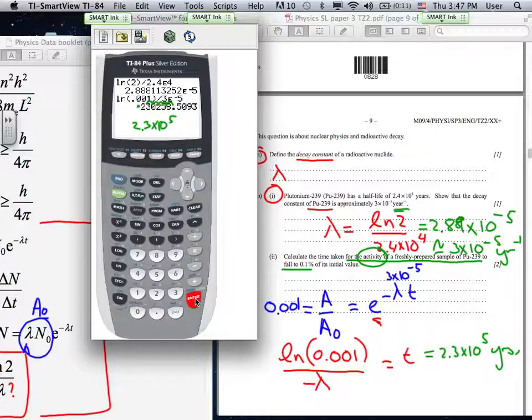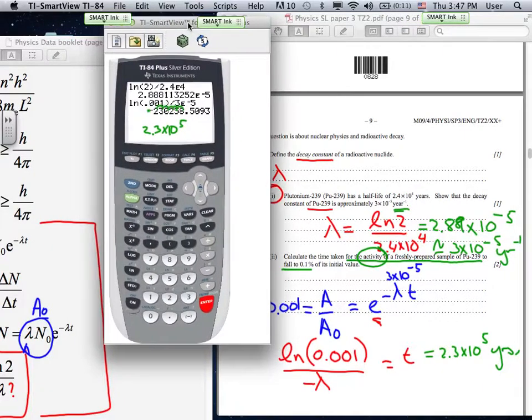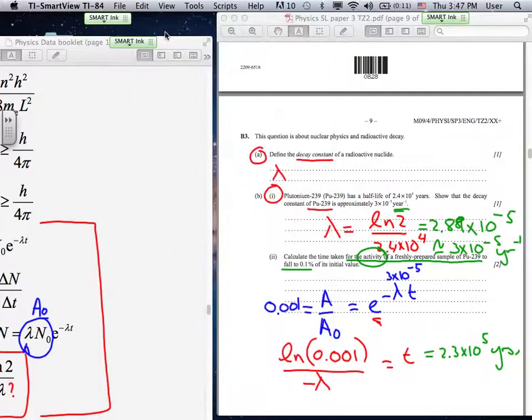Now you could have actually done this another way without using your formulas, and to do that you could have just calculated, because it's going to 0.1%. So if we start off at 100%, and we go to 50, that would be 25 would be the next, 12.5.